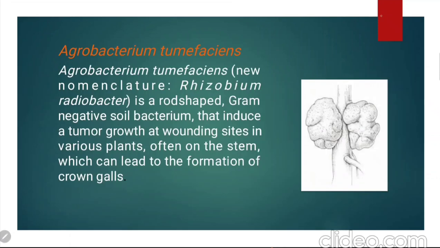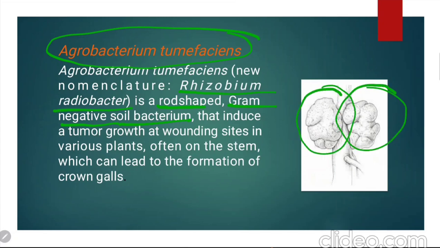So for this Agrobacterium mediated gene transformation, we need to know what Agrobacterium tumefaciens is. It is a gram-negative, soil-borne, rod-shaped bacterium, now known as Rhizobium radiobacter, and it causes tumor-like growth. This tumor-like growth is known as crown gall disease.